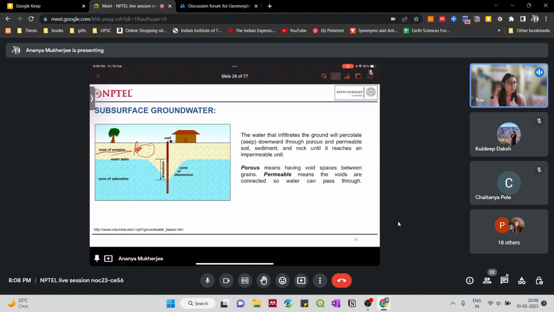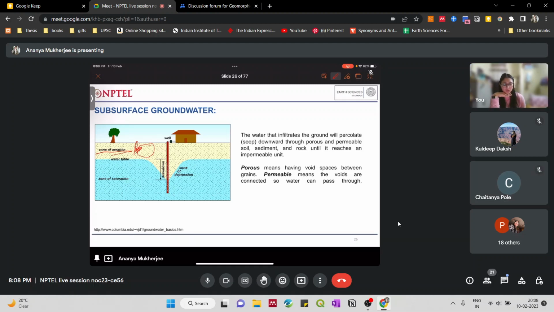So there will be water as well as air, and this area is called the zone of aeration. The vadose zone is a part of the zone of aeration. And in the zone of saturation, there is only water that has percolated between the pores of the rock or the sediments present over there. Did you understand?